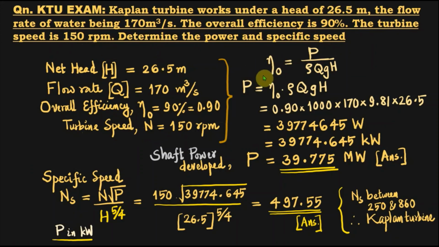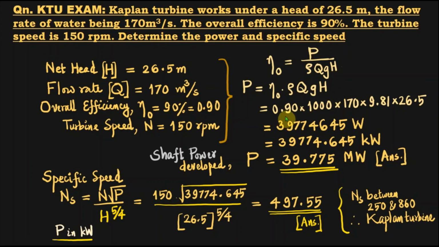Since overall efficiency is given, we will be in a position to find out the shaft power. Overall efficiency is equal to shaft power by water power, that is P divided by rho Q gH. That is, shaft power P is equal to overall efficiency into rho Q gH.